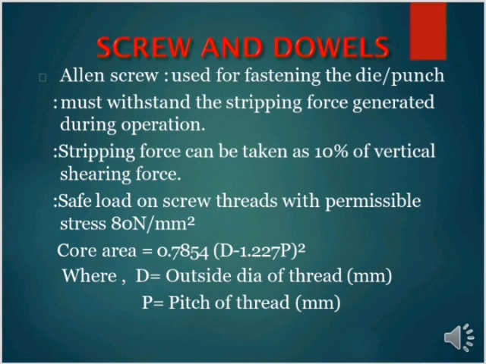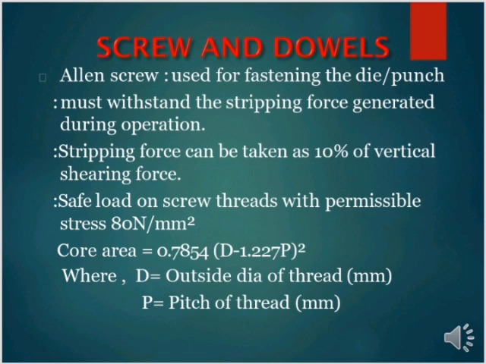Screw and dowels. Allen screw. Allen screw is used for fastening the die or punch. So, the Allen screw must resist the stripping force generated during operation.